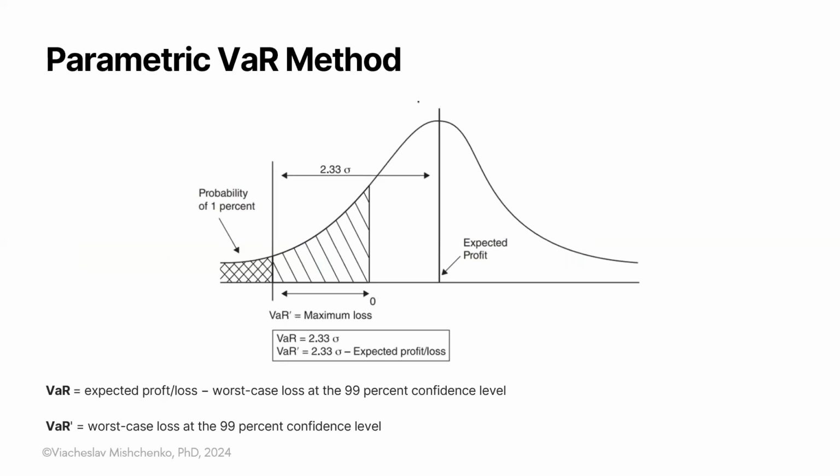And this means that we can fully describe the distribution with just 2 parameters. The first is the mean, and the second is the standard deviation. But in practice, we estimate volatilities of individual risk factors and correlations between them. And these become the building blocks of our value at risk calculation.